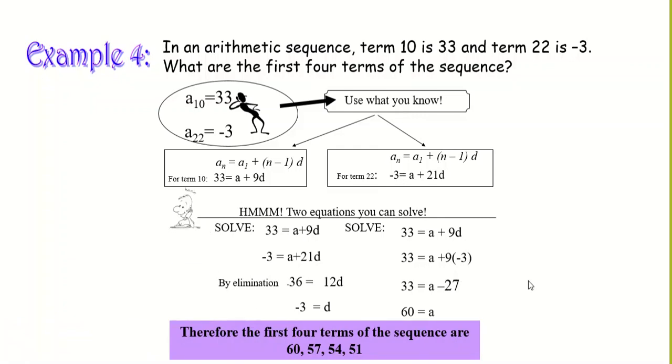Remember, in this kind of solution, you need the system of linear equation. So you have to create the first equation using the first given term that you have. So for this one, it's a sub 10. So just substitute in the formula. Then you use the second term given.